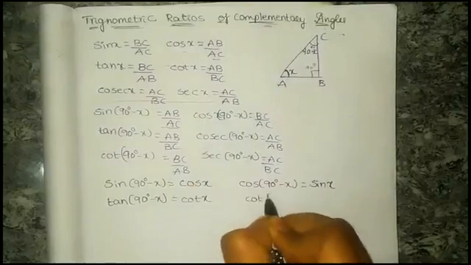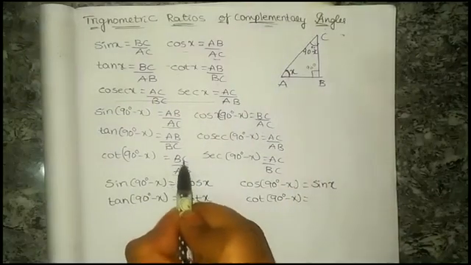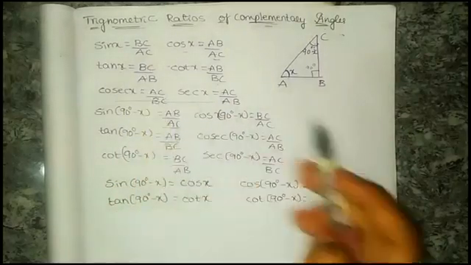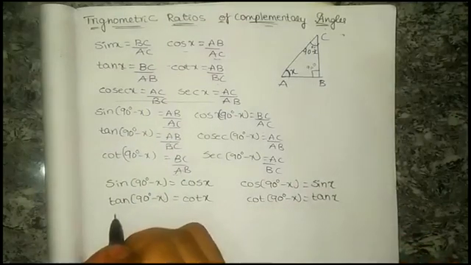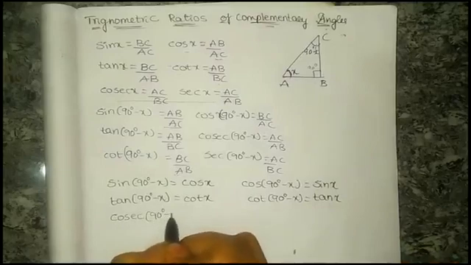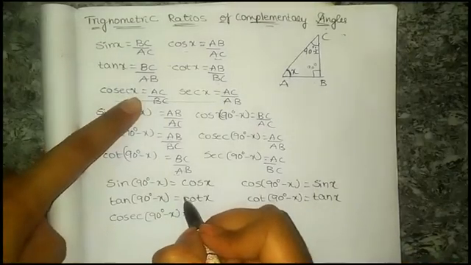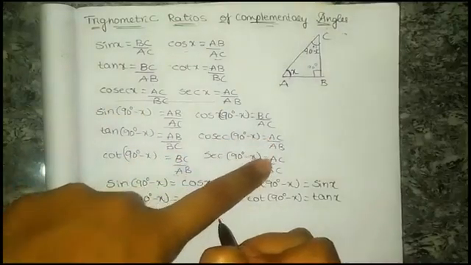And here cot 90 minus X value is BC by AB. Here tan X value is also BC by AB. So I can write it as tan X. Next one, cosecant 90 minus X is AC by AB.